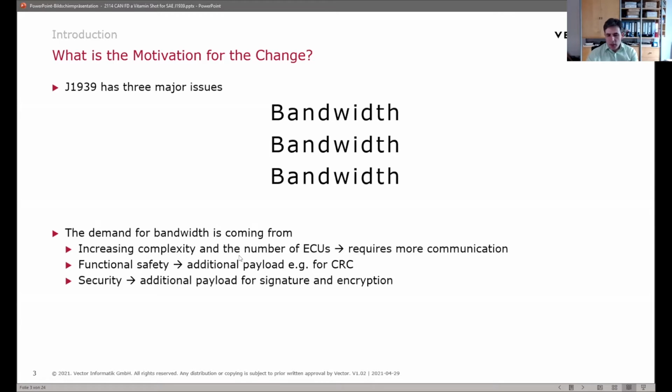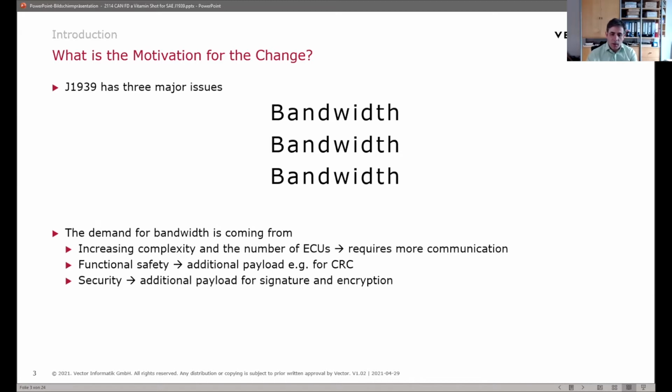The other topic, it's not really new, but it is more and more becoming an issue, is functional safety. It is nearly impossible to do any new application without maintaining the safety functionality, and this typically requires additional payload, for example, transmitting additional CRCs.